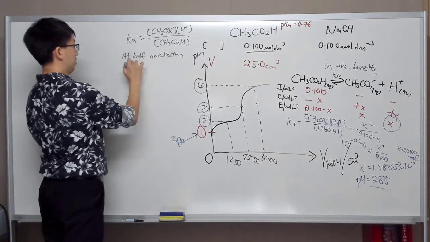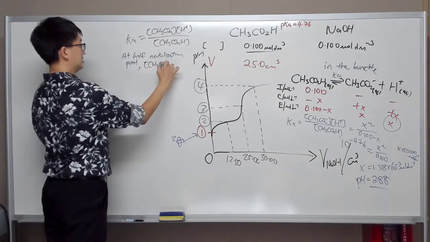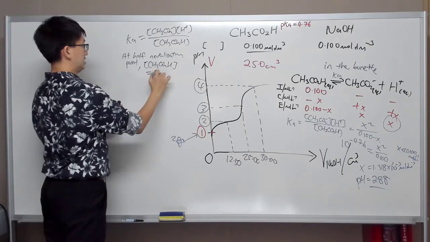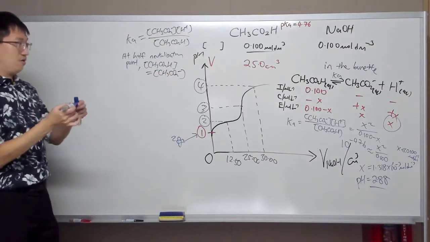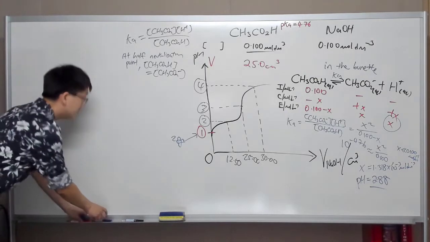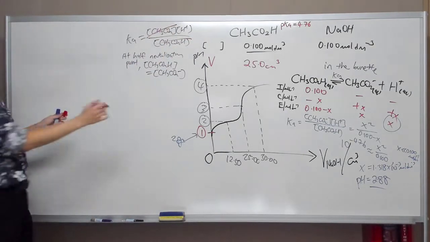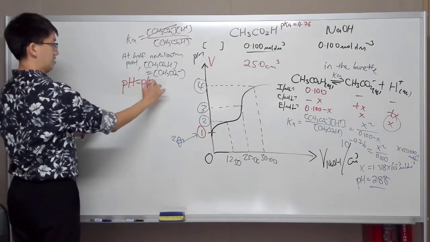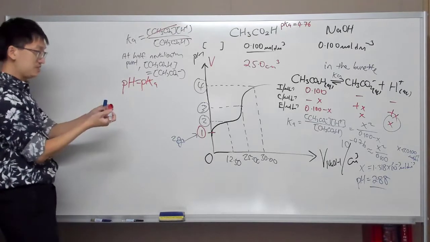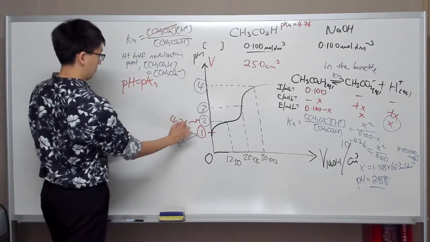Okay, so that will mean that the concentration of ethanoic acid equals the concentration of ethanoate. So when that happens, these two will cancel out. Therefore pH equals pKa. Yeah, so for the experienced students, you don't need to calculate 2 because 2 essentially is 4.76.